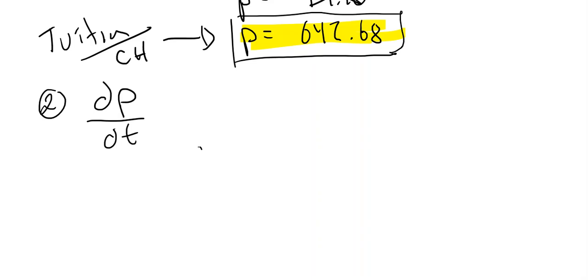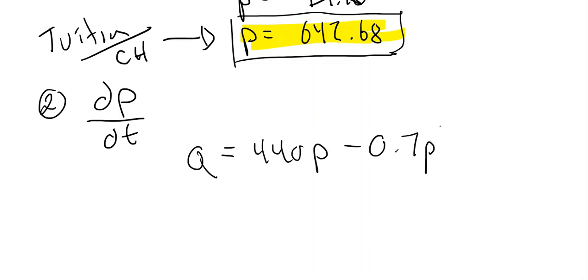So we have Q is equal to 440p minus 0.7p squared. The derivative of Q with respect to time is dQ/dt. The derivative of 440p, P also being dependent on time, is 440 dP/dt.